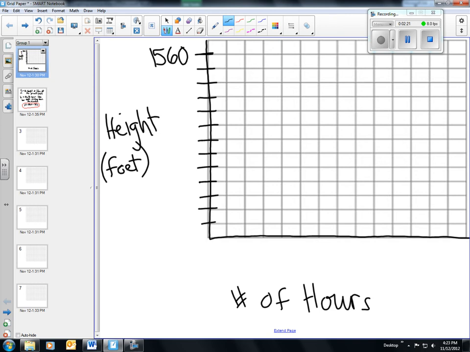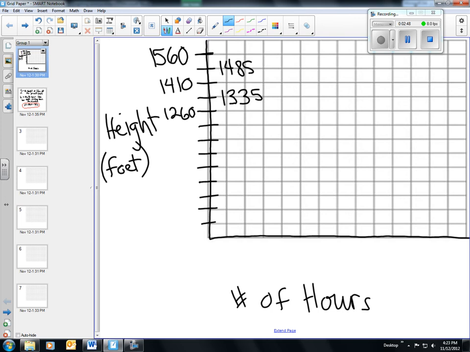So as you go down the mountain, the next dash here would be 1,485 would be the second dash. Then the third dash would be 1,410. The next dash would be 1,335. Then you have 1,260.